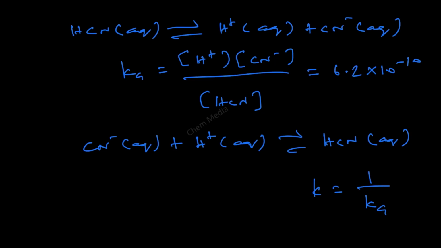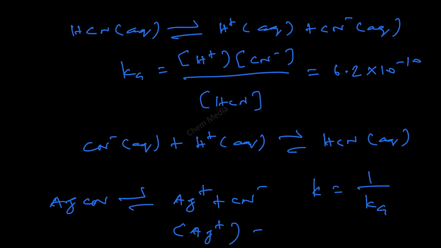Now let us establish the concentration relationships, that is the mass balance. Every mole of AgCN that dissolves produces 1 mole of Ag plus ions, isn't it? So therefore, it would also give CN minus. So concentration of Ag plus ions is equal to X. Now the dissolved cyanide exists in 2 forms.